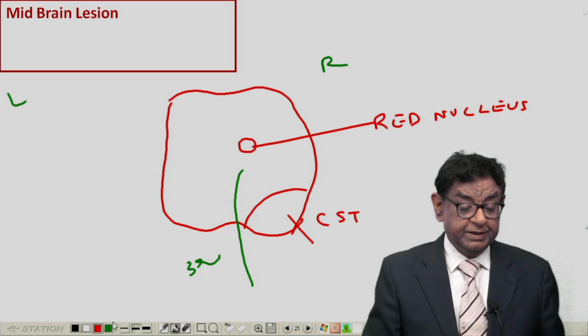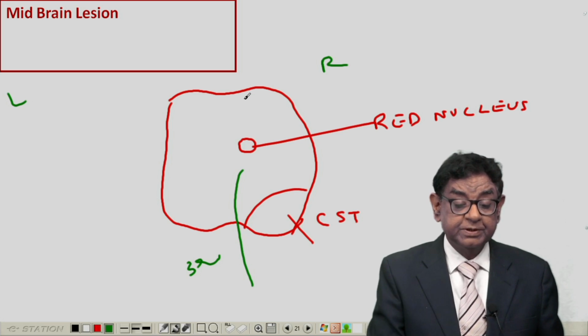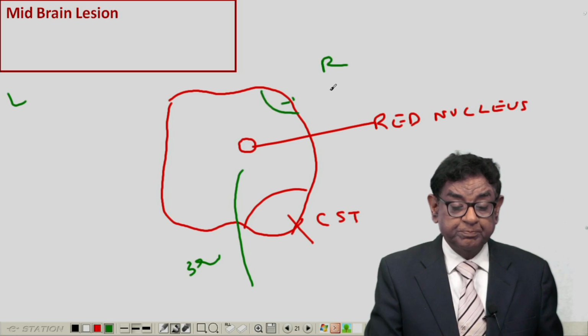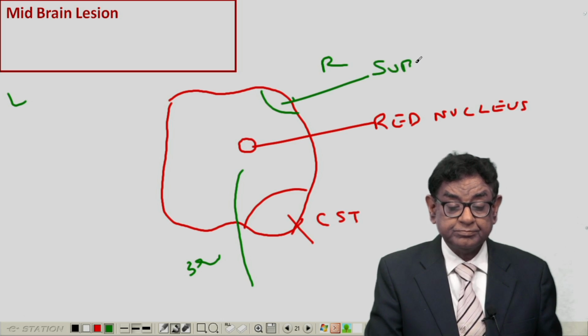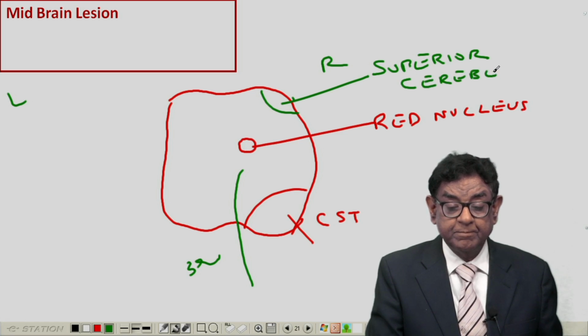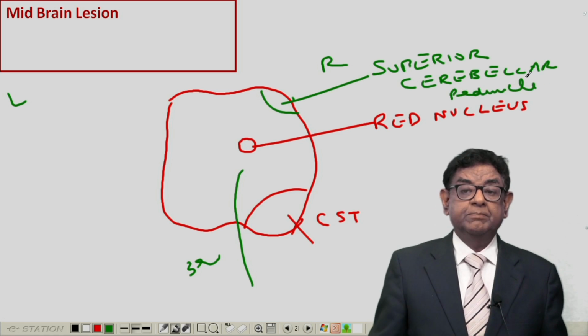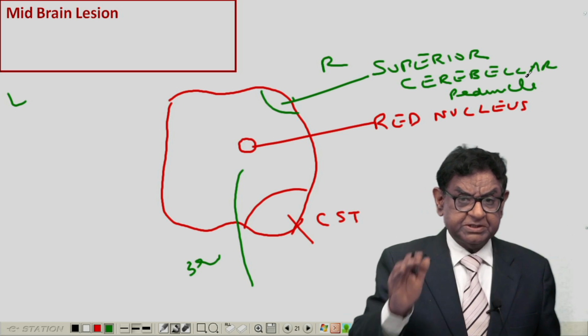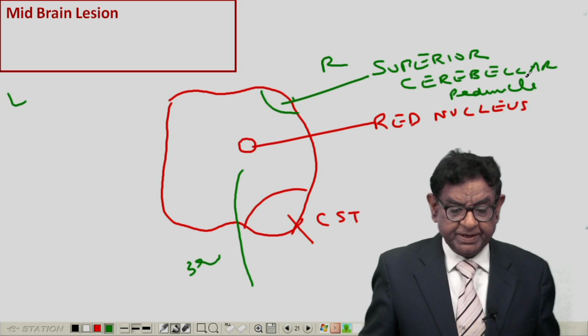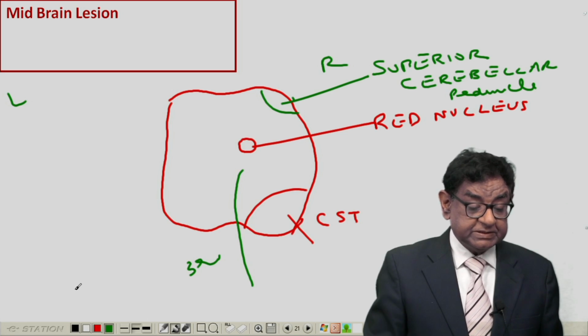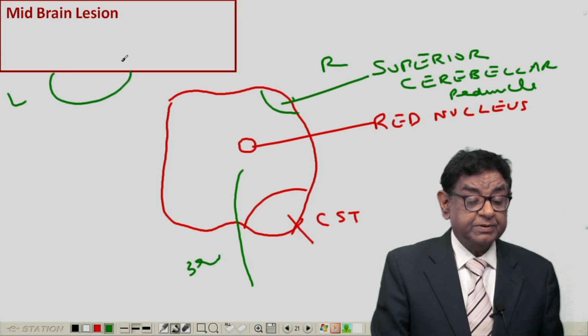Okay, and here is the superior cerebellar peduncle. Superior cerebellar peduncle, by this structure the cerebellum is attached to the midbrain. Now this is the cerebellum of the left side.